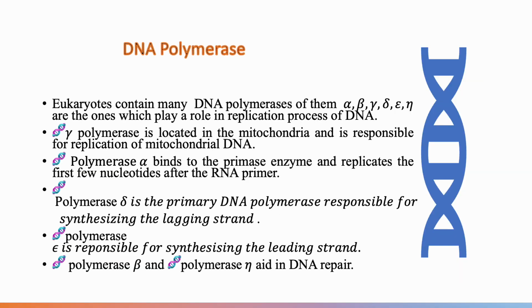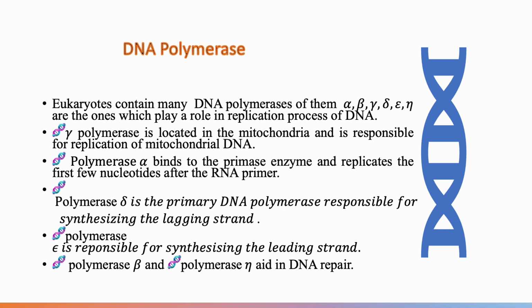And the next ones are the important enzymes, which are the DNA polymerases. Eukaryotes contain many DNA polymerases. Of them, alpha, beta, gamma, delta, epsilon, nu are the ones which play a role in the replication process of DNA.